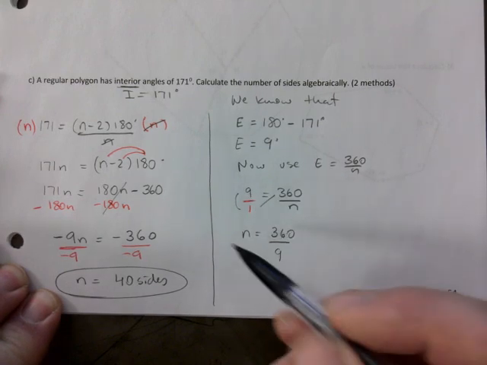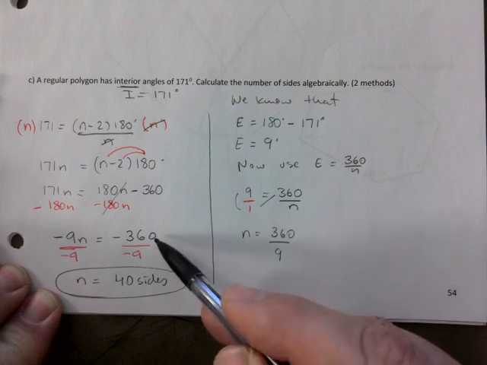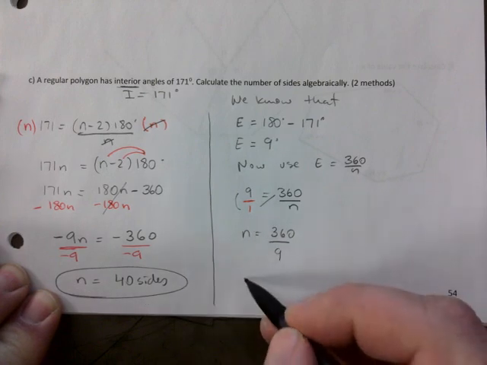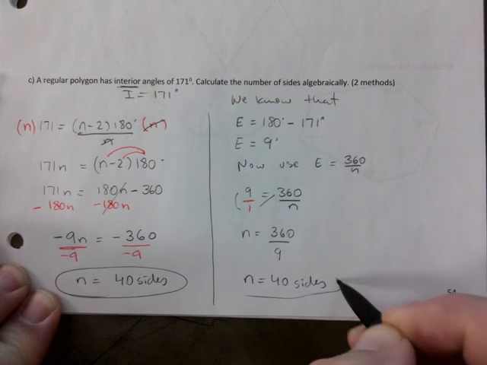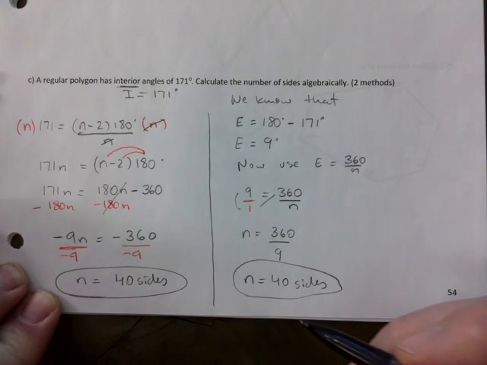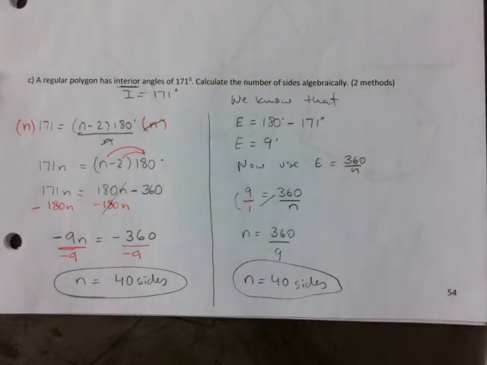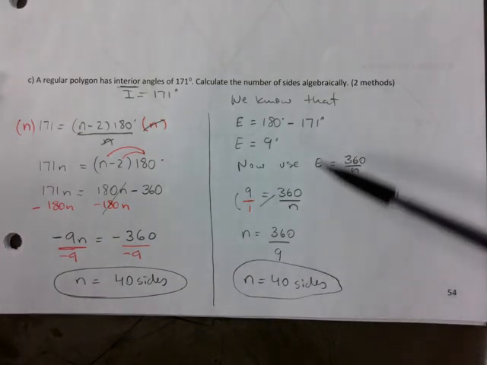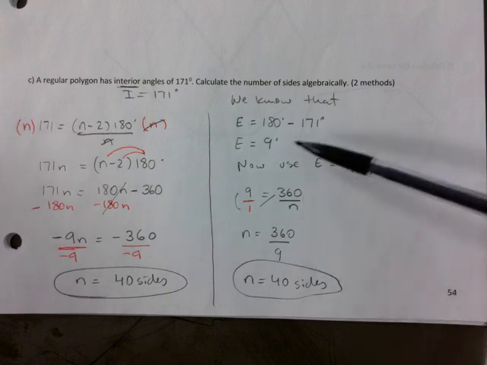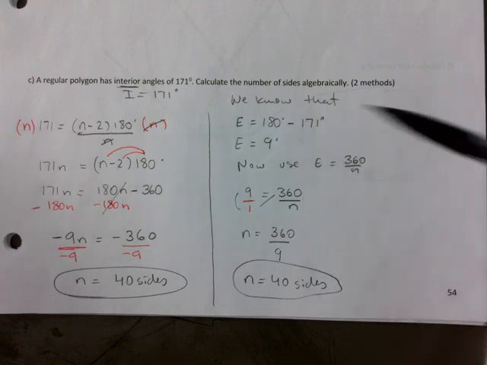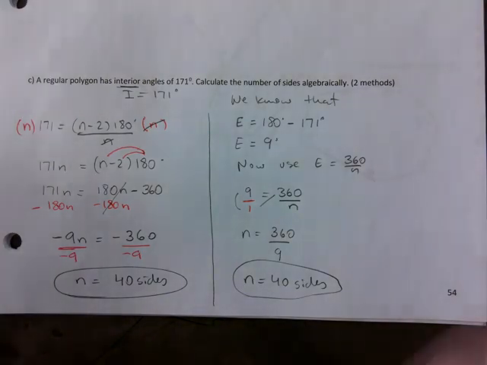And guess what you're going to get? 360 divided by 9 earlier gave you 40. You're going to get 40 here as well. This one is rare, but it does show up. So my go-to would be this one. You just need to know that it requires one extra step to find the exterior.